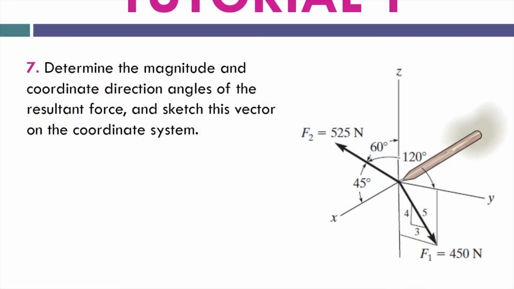For tutorial one, it's the seventh question. So here also same, force 1, force 2, and x, y, and z. Okay, for the solution to question 7, the forces are given: force 1 and force 2.